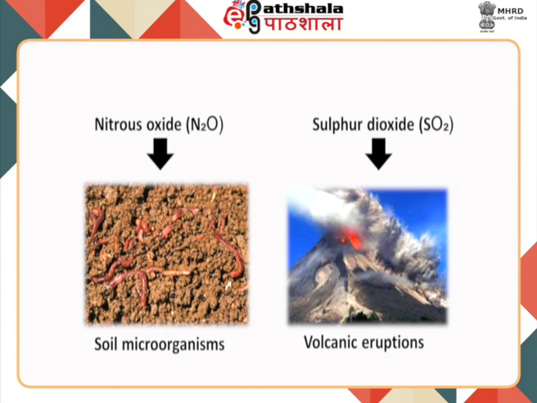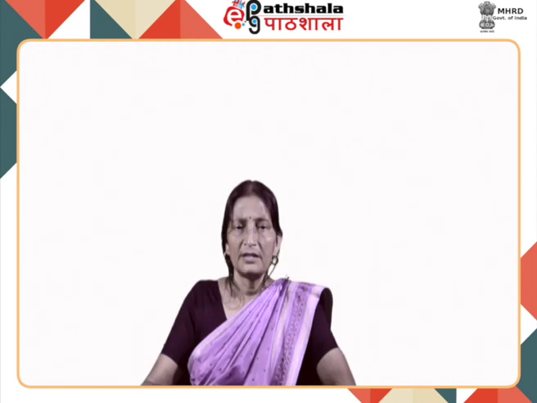Sulfur dioxide enters the atmosphere during volcanic eruptions. It is also produced by the oxidation of hydrogen sulfide formed by decomposition of organic matter in the absence of air. Over millennia, a certain global balance of these gases from natural sources has been achieved in the Earth's atmosphere.